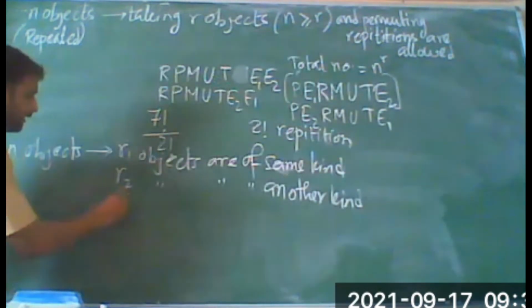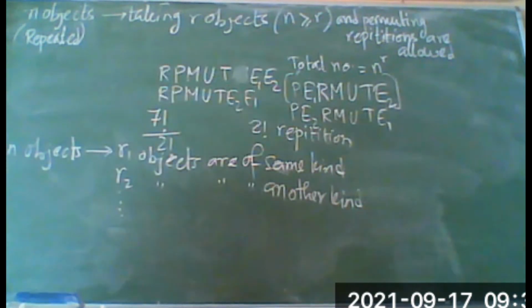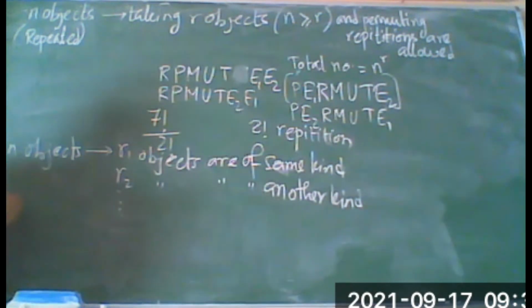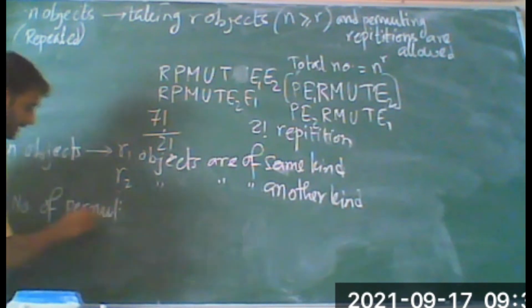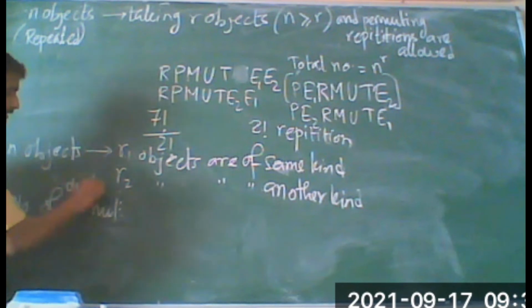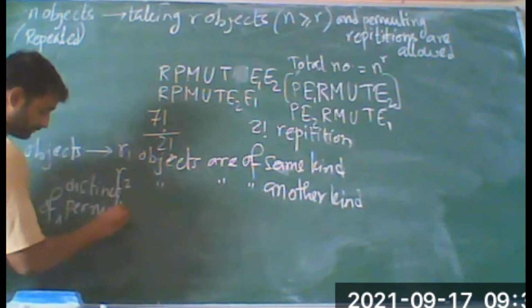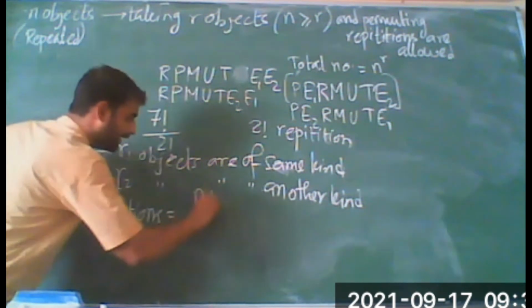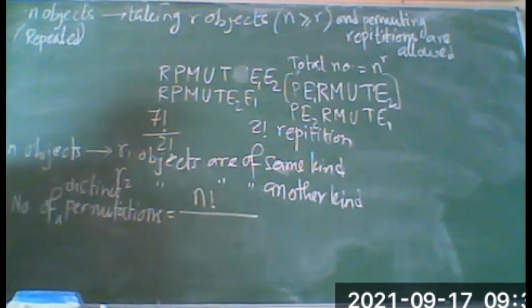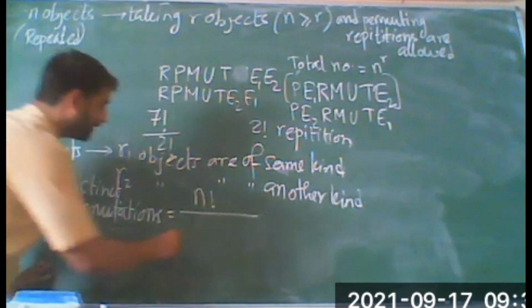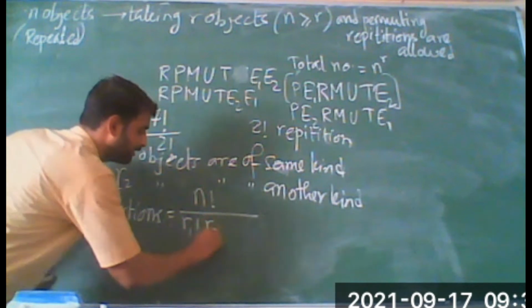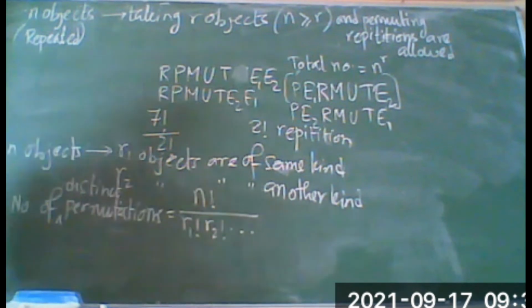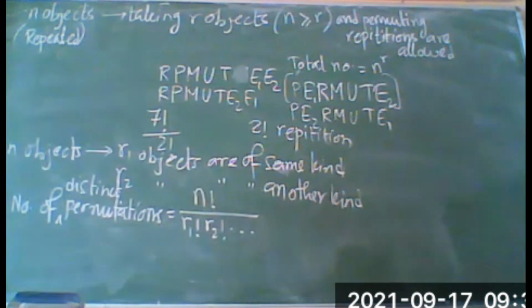In this way, let it continue; there may be more than 2, 3, 4 repeated letters. Then the number of distinct permutations is given as n factorial in the numerator, that is the total number of permutations, divided by the repetitions we are avoiding. So we divide by the factorial of all the repetitions.